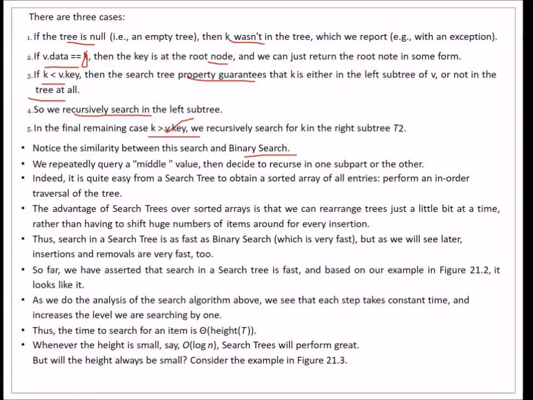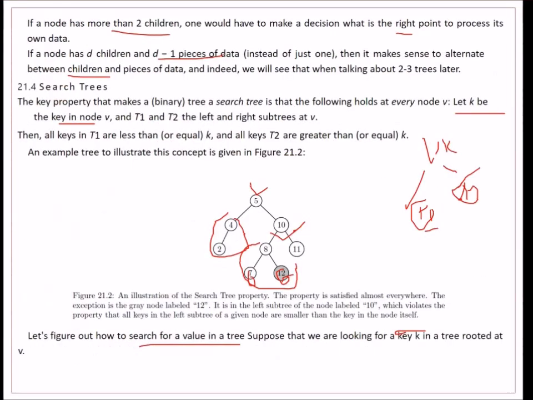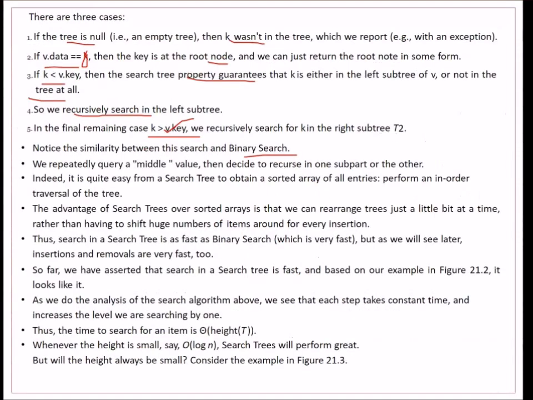We repeatedly query a middle value. So if we want to find, say, 4, then we know that it is in the left subtree. So we will drop all these values, we will not even check. This is somewhat similar to our binary search, so we recurse in one subpart.